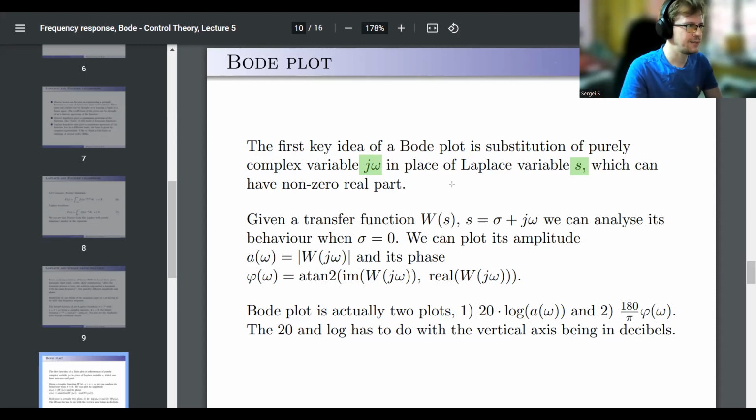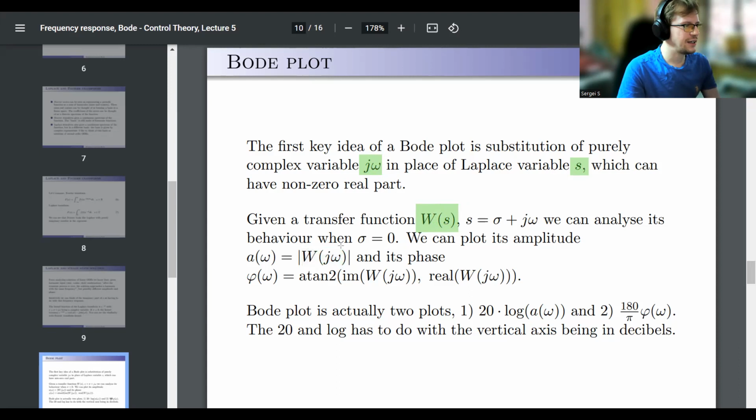And you could even do this analysis of the steady state solutions without doing any matrix algebra, as you would if you wanted to do it with the state space equations. All right, so we just mechanically replace this with this. And then instead of the transfer function of s, we would analyze the transfer function of j omega. Okay.